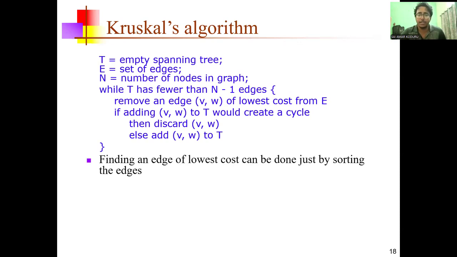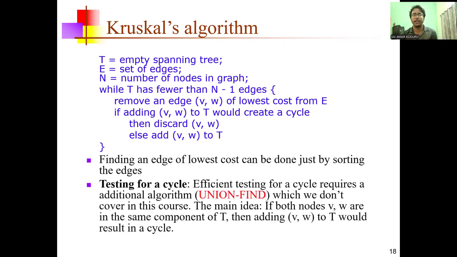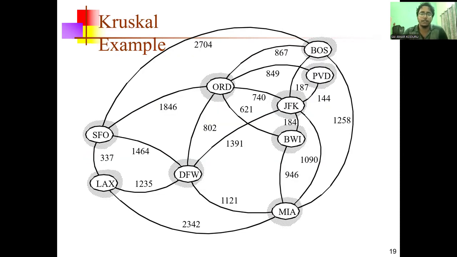Finding an edge of lowest cost can be done just by sorting the edges. Testing for the cycle: efficient testing for the cycle requires an additional algorithm, which is union find, which we won't be discussing currently. Kruskal's algorithm basically is we'll select the least value among the given set of weights, and from there we will connect the least weighted edges together.